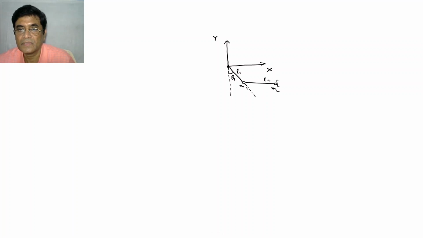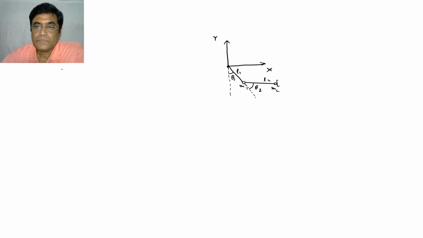They are easy. So this is your theta 2. Okay. So m1, m2, theta 1, theta 2, and gravity is acting in this direction. First of all, kinetic energy of link 1.